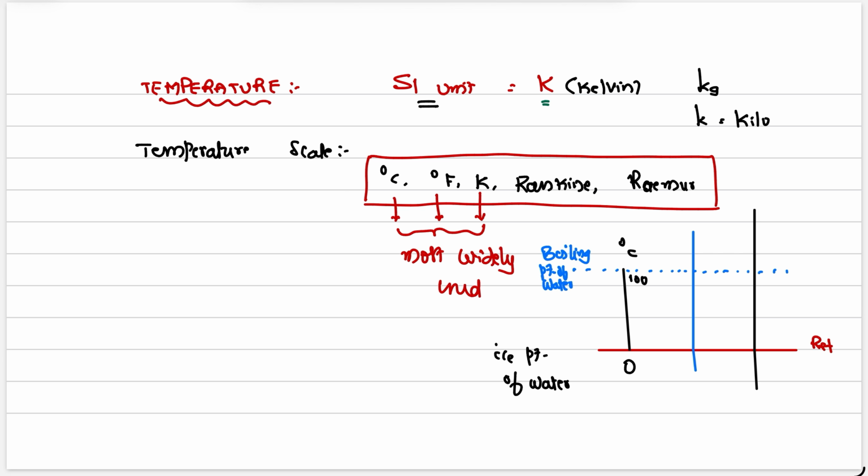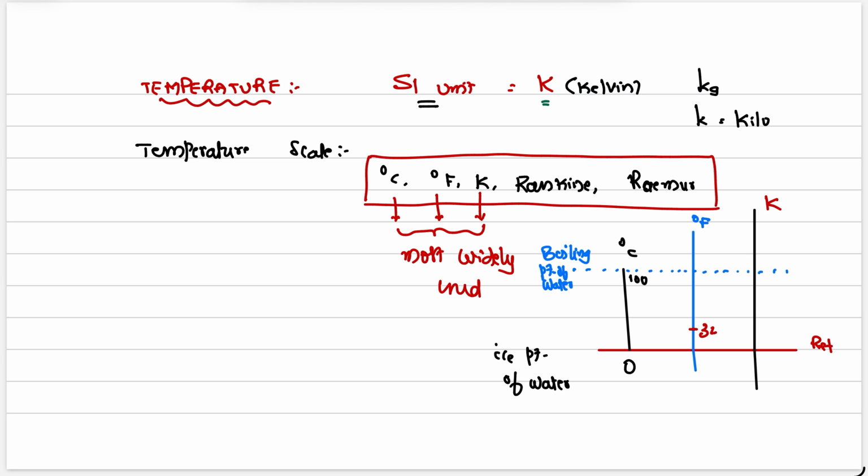Then, this is degree centigrade, this one is degree Fahrenheit, and this one is Kelvin. The ice point of water is 0 degrees, and the ice point of water in Fahrenheit will be 32.